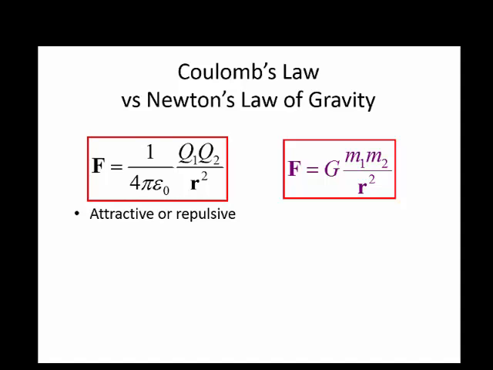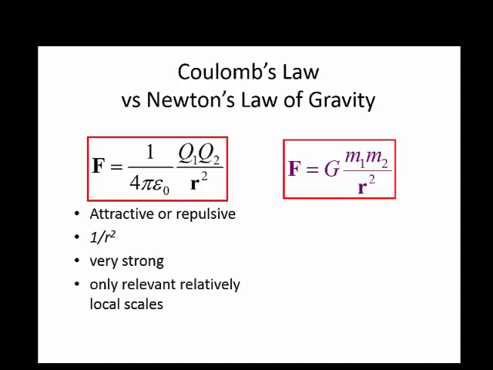The differences and similarities: Coulomb's law can be both attractive or repulsive. It's a 1 over r squared relationship. It's a very strong force and only relevant on relatively local scales. For Newton's law, it is always attractive. It's also 1 over r squared.